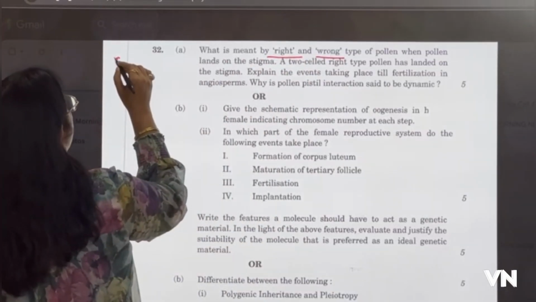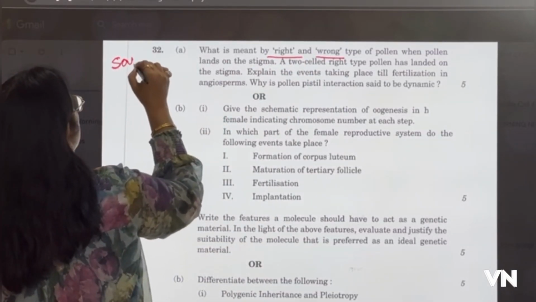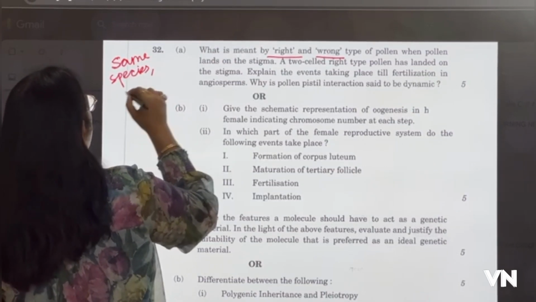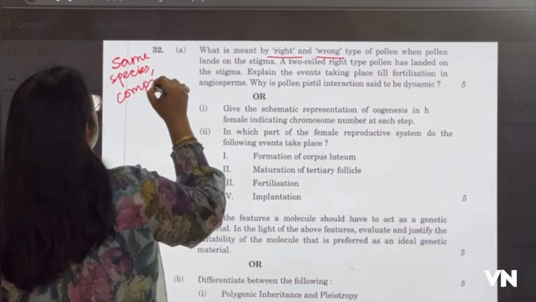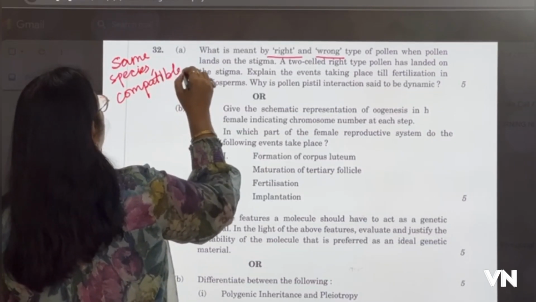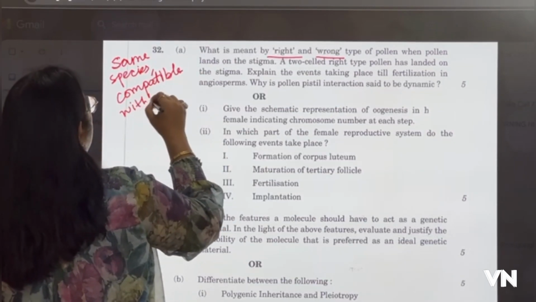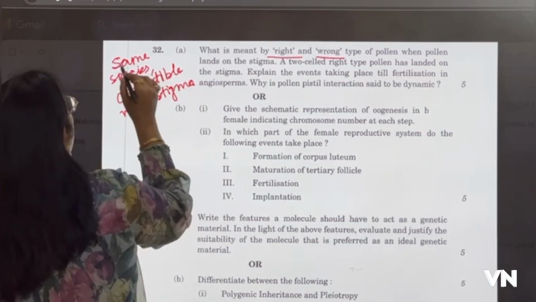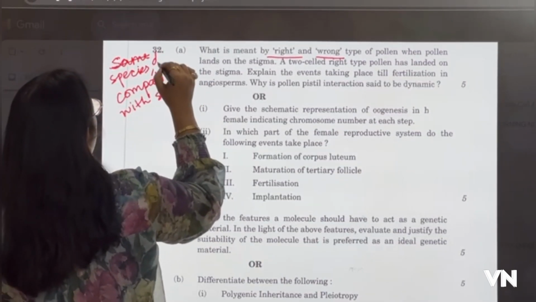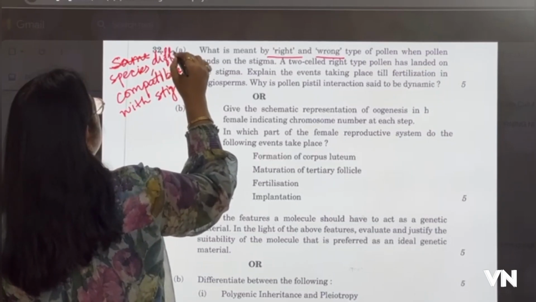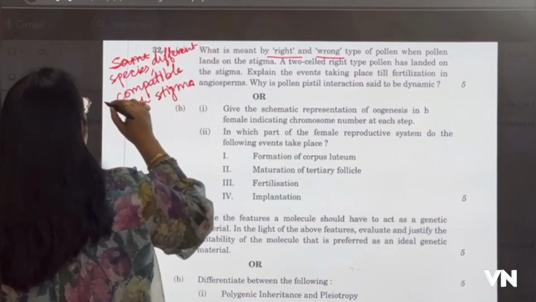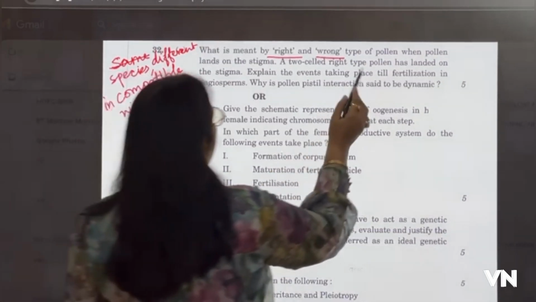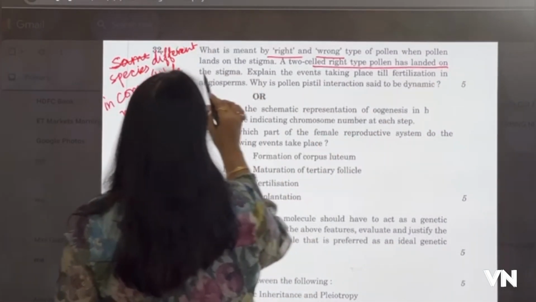If the pollen is of the same species, then it is the right type and compatible with the stigma. Whereas wrong means it is not of the same species, it is of a different species and incompatible with the stigma. A two-celled right type pollen has landed on the stigma.